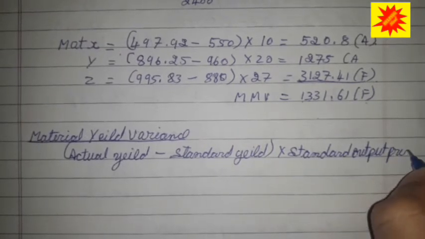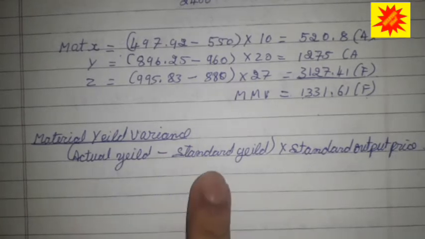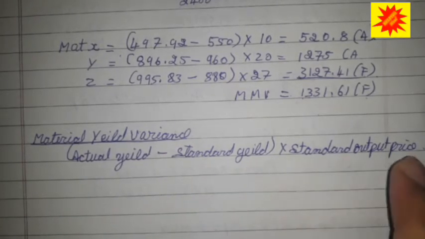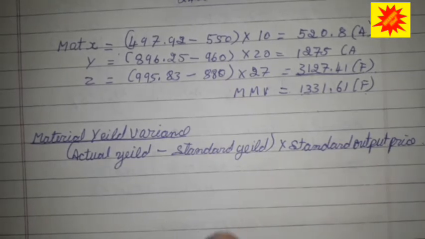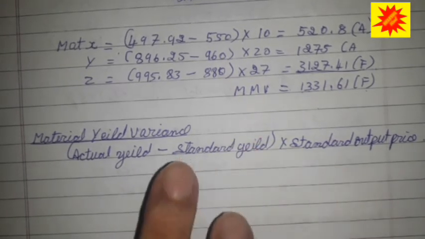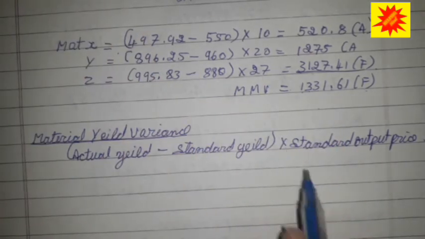This is very much important. So here actual yield, standard yield and standard output price are to be seen. So this is a very important formula and not been discussed in the previous video. All the other formulas were discussed in the previous video. We just saw the calculation here, but here this formula is very much new.